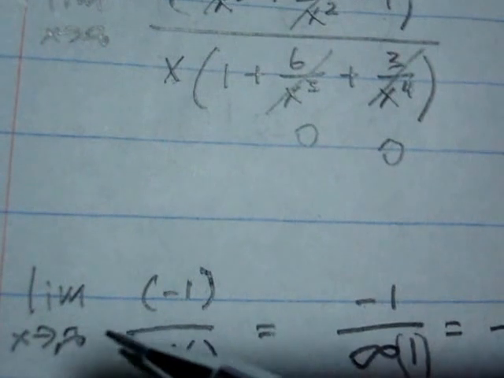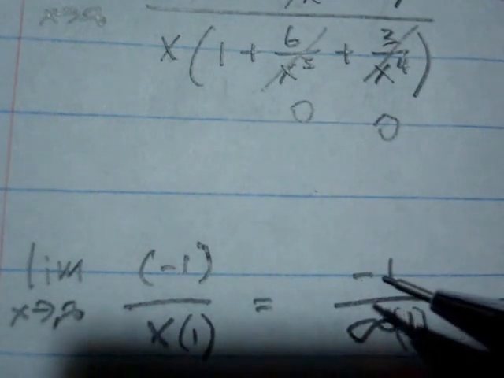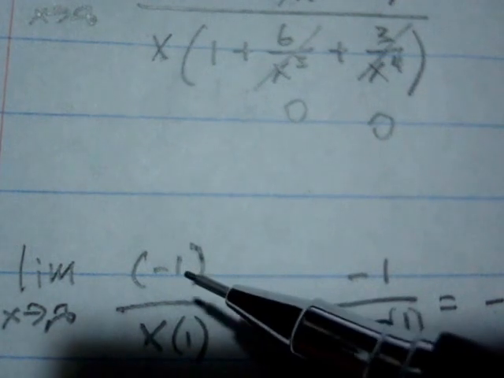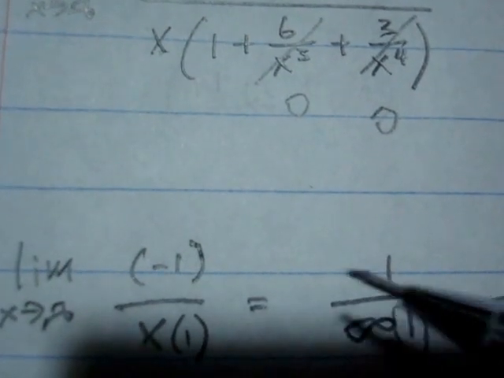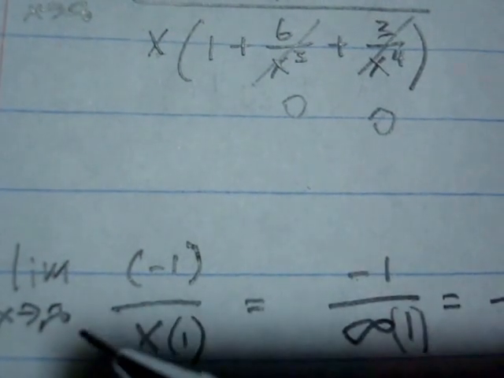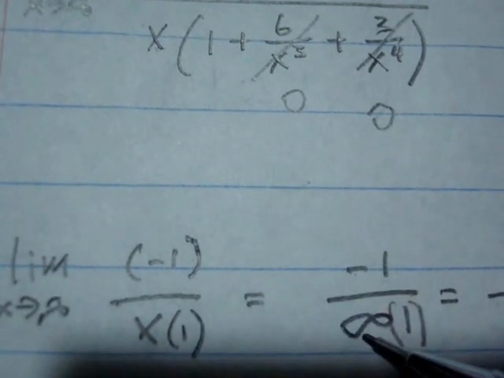If you take the limit as it approaches infinity for negative 1, it will be negative 1, because anytime you take a limit as it approaches infinity for a constant, it will stay as that constant number. As you take the limit as it approaches infinity for x, it will reach positive infinity.